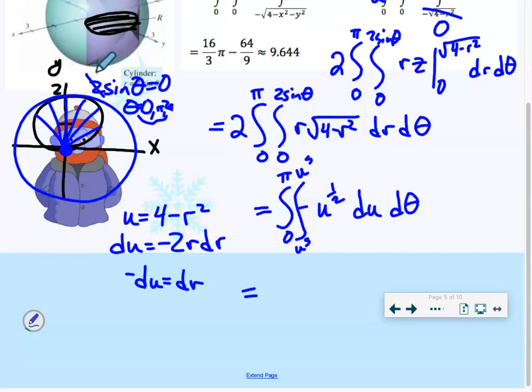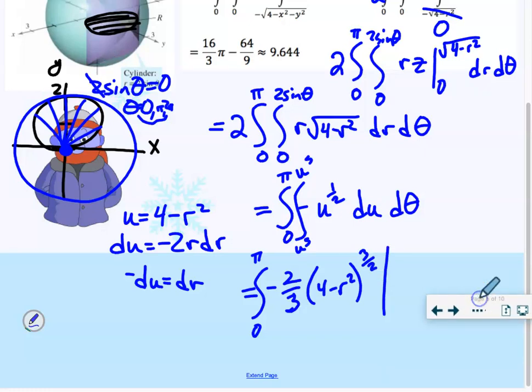So let's see. Negative 2/3 u to the 3/2. So I'm going to replace my u back right now so that I can keep my limits. So 4 minus r squared to the 3/2 from 0 to 2 sine theta d theta.